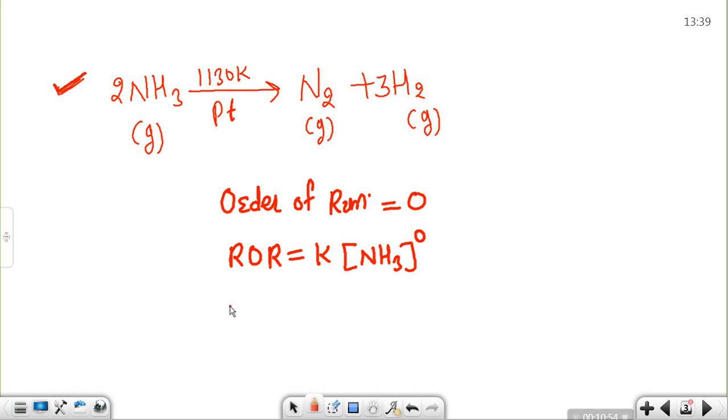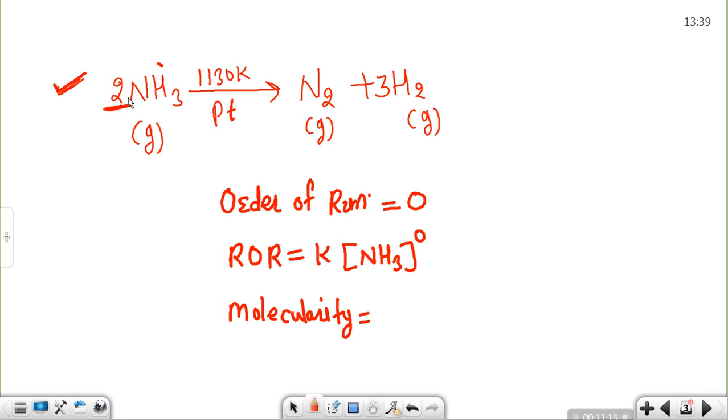And what is the molecularity for this reaction? Molecularity means the number of reactant molecules which take part in an elementary reaction. How many reactant molecules participate in this reaction?